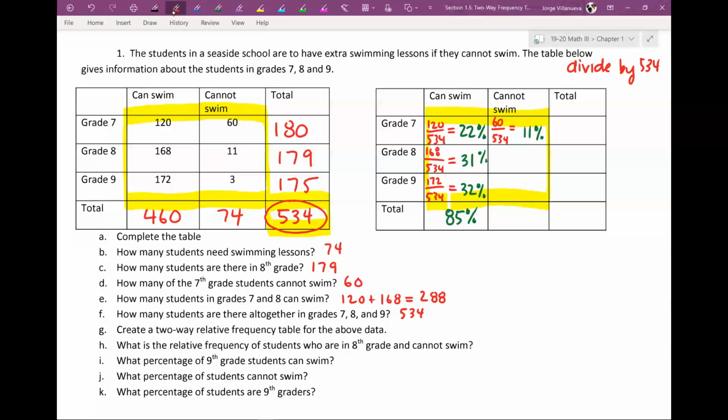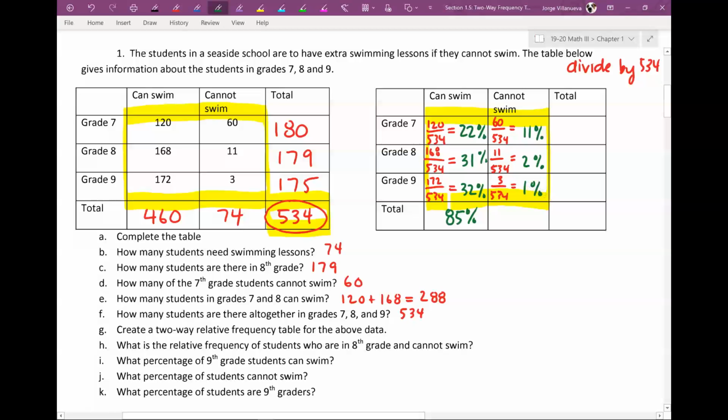All right? So for the next one, it's 11 divided by 534. And that equals 2%. And then for the last one, I'm going to get 3 and divide it by 534. And that gives me 1%.